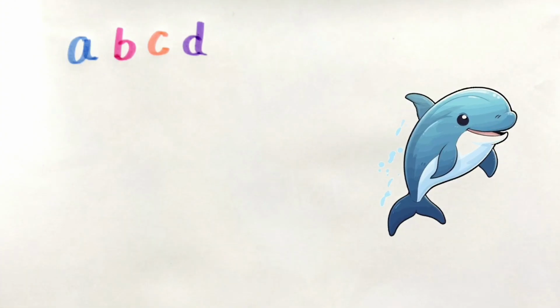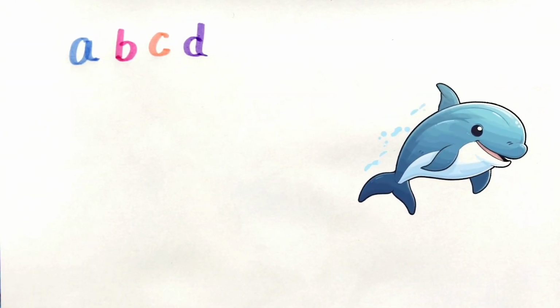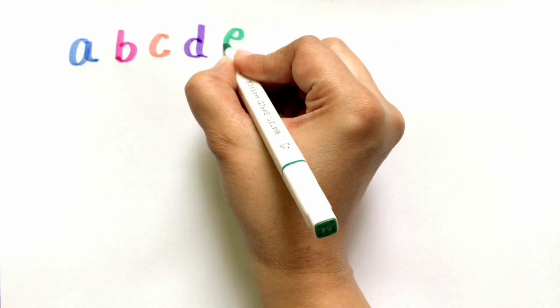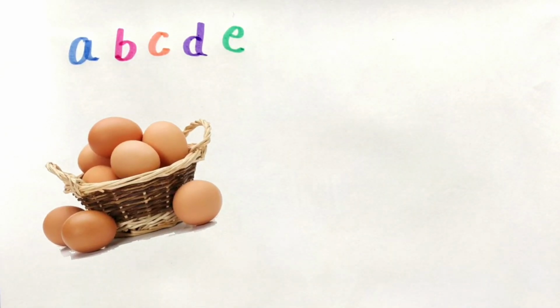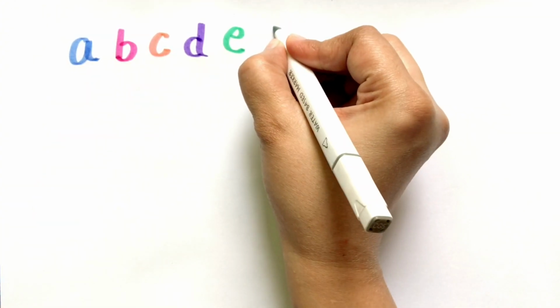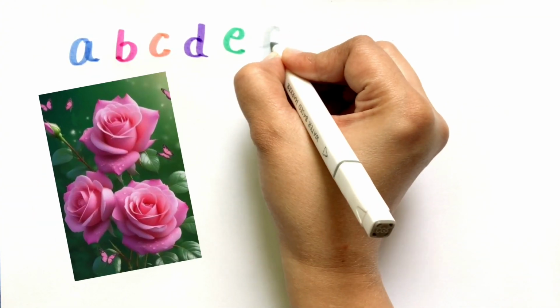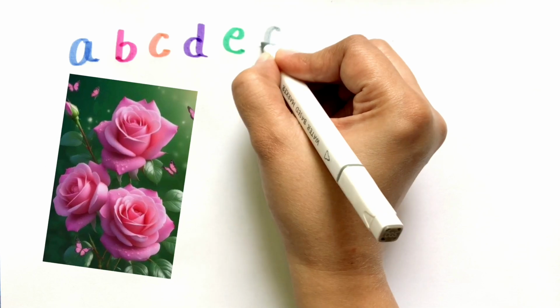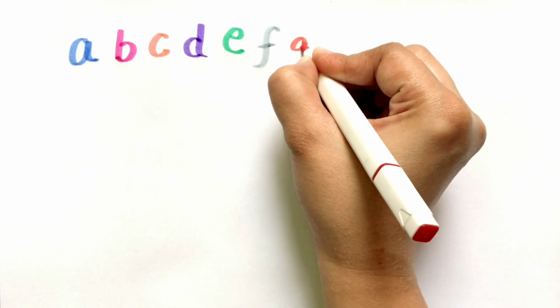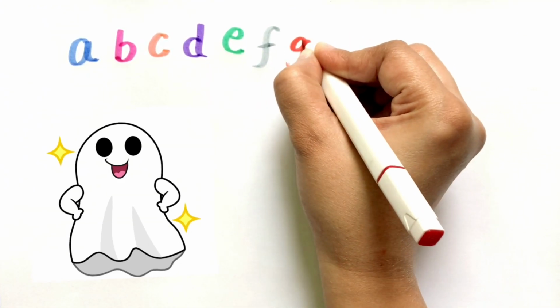D for dolphin. E for egg. F for flower. G for ghost.